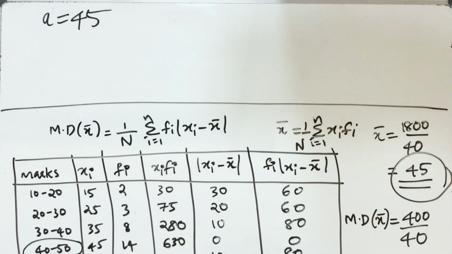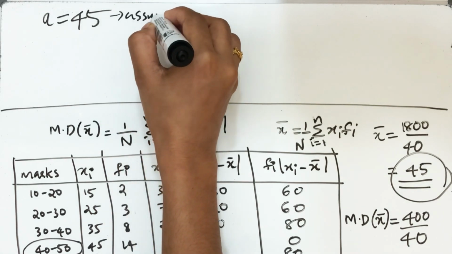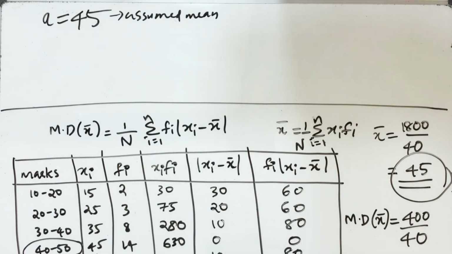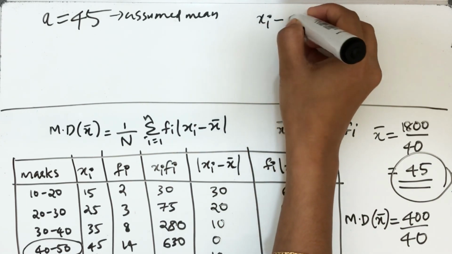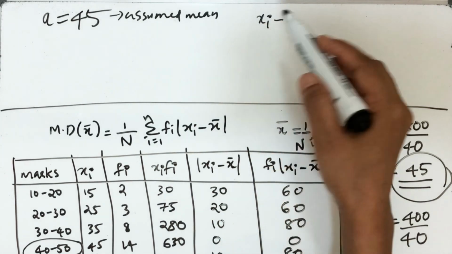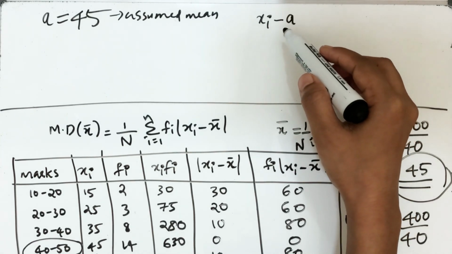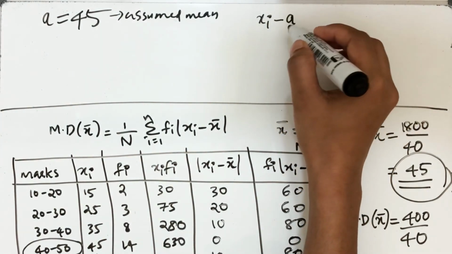Just find the middle class and find the middle value of that class. This is the assumed mean. Next, we can find the deviation from this assumed mean, that is xi minus a. If this xi minus a has some common factor, then divide it by that common factor to simplify the values.